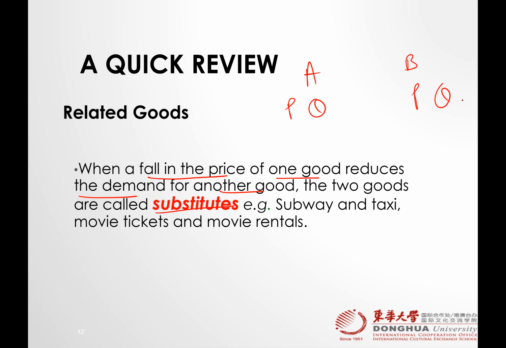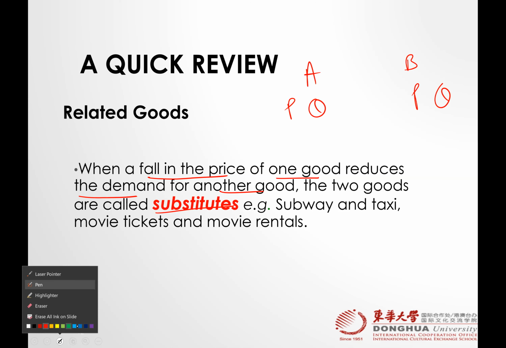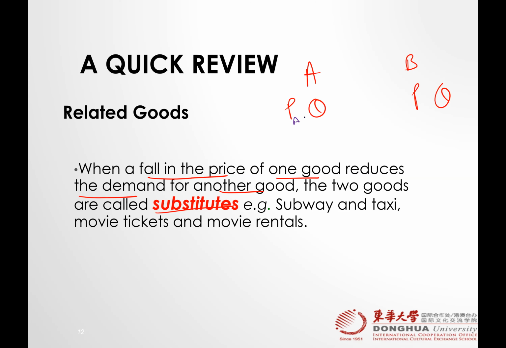So there are 2 products. Let me change. This is the price of product A, quantity of product A, price of product B, quantity of product B. Now we say two goods are related if a fall in the price of one good, or you can say product A, causes a decrease in the quantity demanded of product B, right?